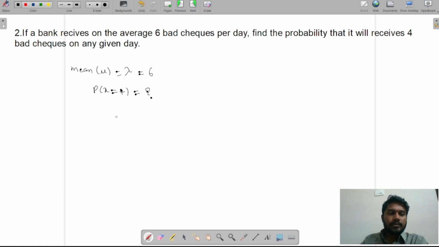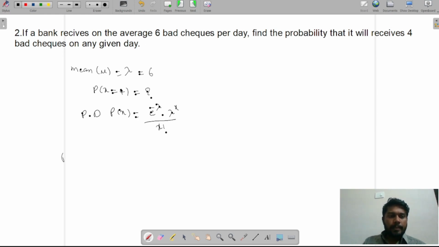Yes. So coming to the Poisson distribution formula, P of x equal to e power minus lambda, lambda power x by x factorial. This is our formula.